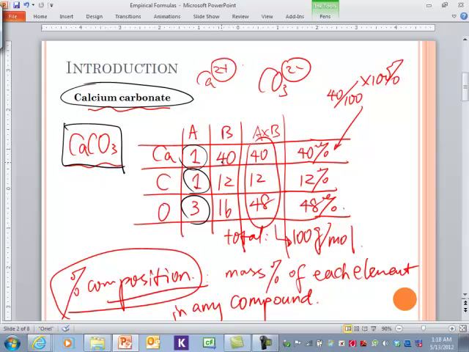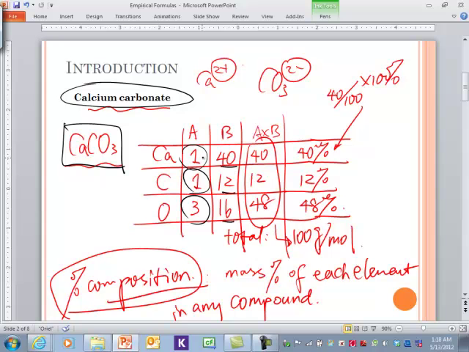By looking at the periodic table, one can quickly identify the molar mass for calcium will be 40. That's the average atomic mass for the calcium element. 12 grams will be the molar mass for carbon. 16 grams will be the molar mass for oxygen. And we essentially have to add all of them together.